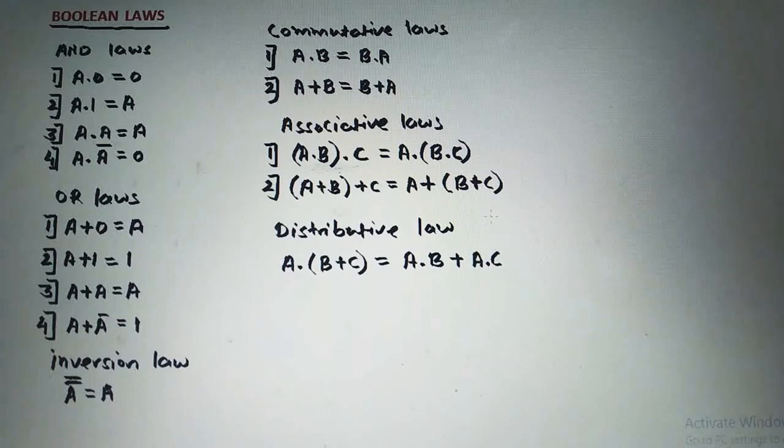So this is the distributive law, that is a dot in bracket b plus c is equal to a dot b plus a dot c. Now we will see the other important Boolean laws.